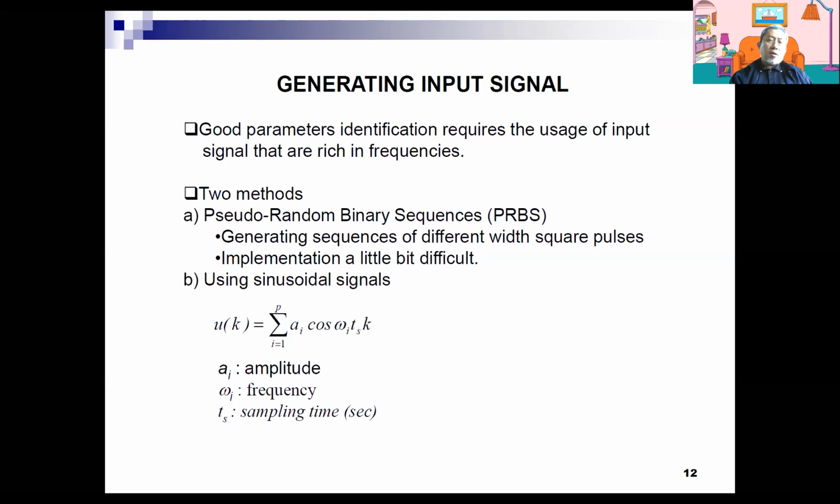Okay, so we can generate the signal simply using this formula: U equals the summation of Ai cos(omega i Ts k), where Ai is the amplitude of the sine wave, omega is the frequency, and Ts is the sampling time for the input sinusoidal signals.